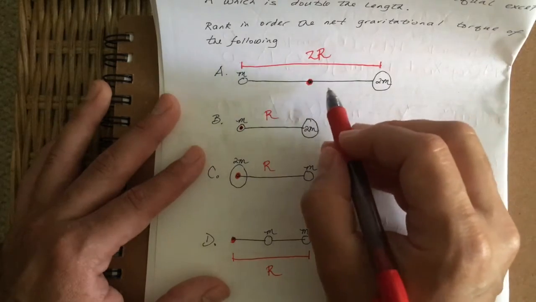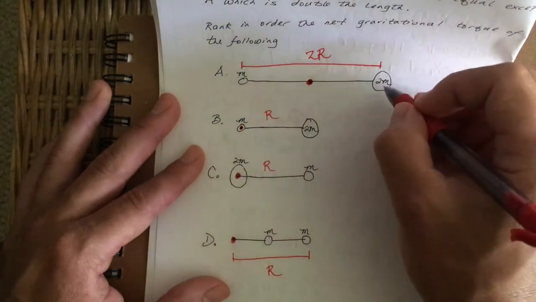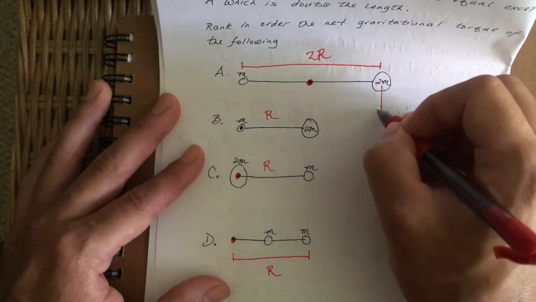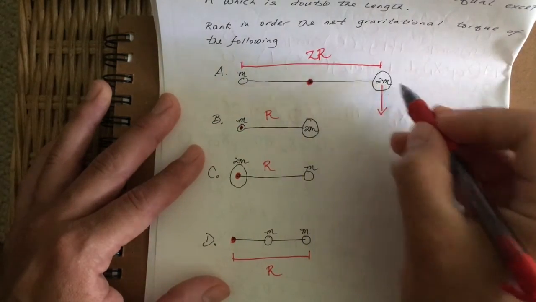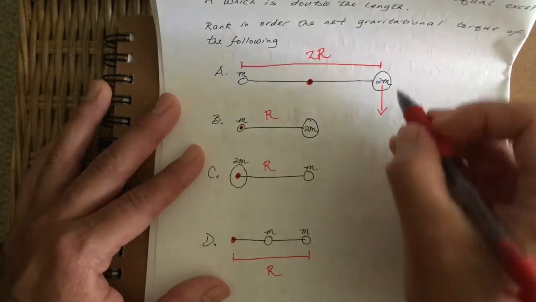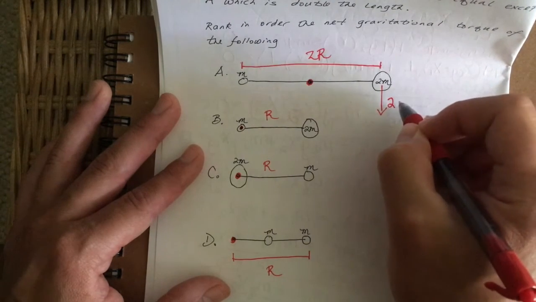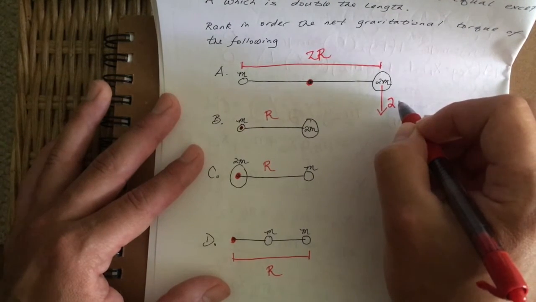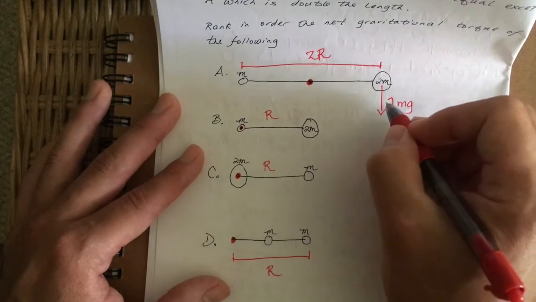All right, so for the first one, what we can see here is that this is going to exert a torque this way, and it's going to be 2mg. So this force is going to equal the force of gravity, 2mg, and it's going to be negative.